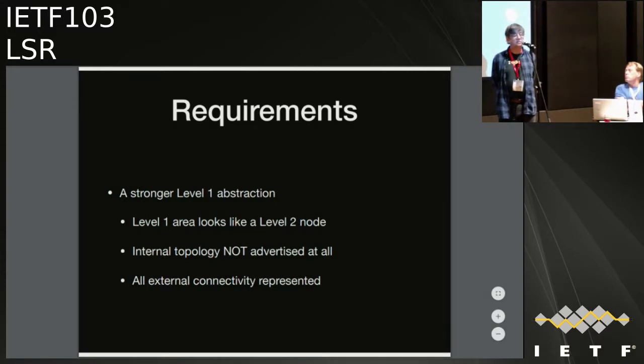We'd like the internal topology of the level 1 area not to be exposed whatsoever to level 2. We do need to have all of the external connectivity represented, right? Everything that the level 1 area touches, all the level 2 connectivity, does need to be there, so level 2 SPF still works.